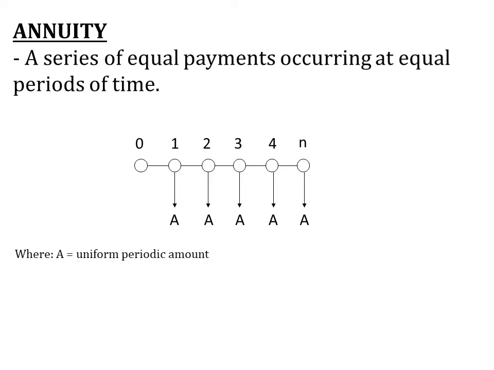In Bisaya, it's like if you have a loan or an utang, you pay it in installments at the same exact amount at the same exact time. For example, every year or every month you pay in installments the same amount. So, that is annuity.